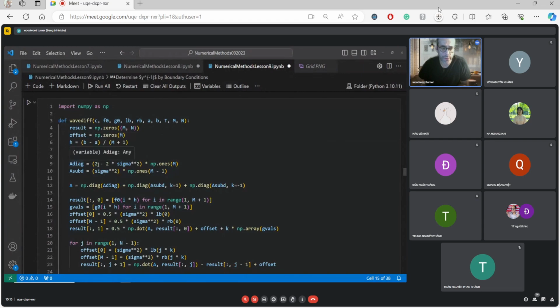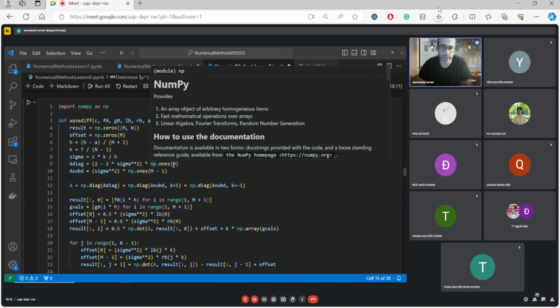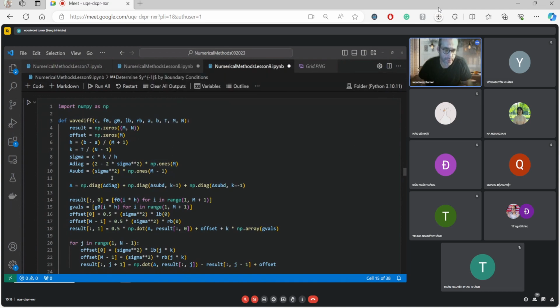So that's how we find y_{i,1}, and we have another matrix form here, and you'll see that this is going to be a little bit different on this boundary term. So it has this extra term.